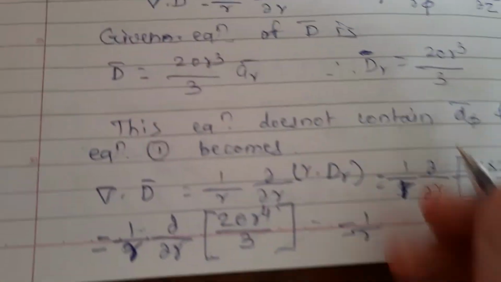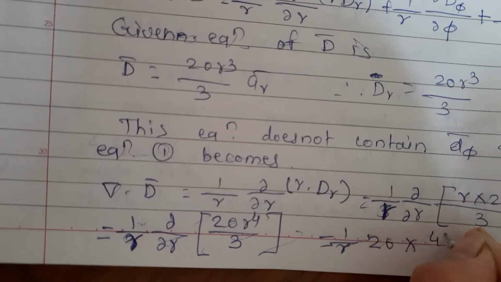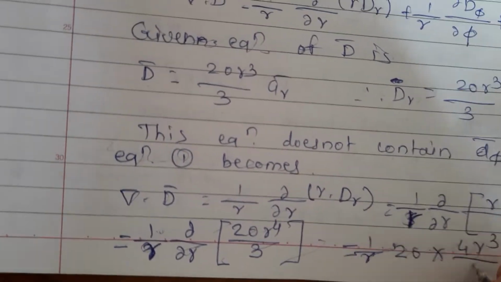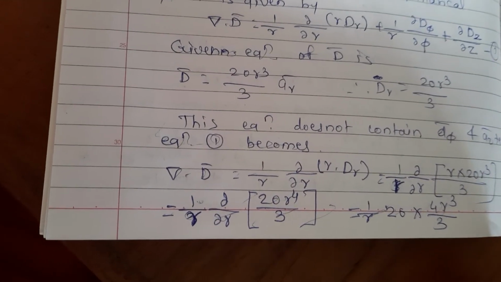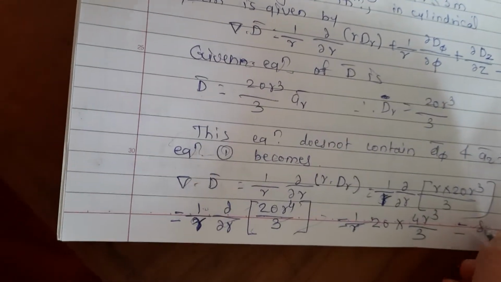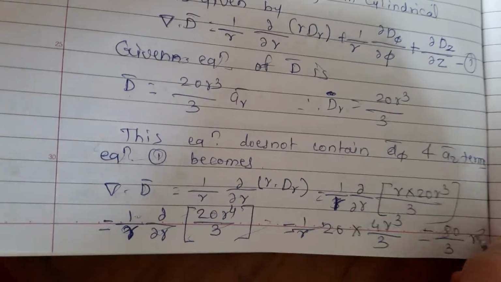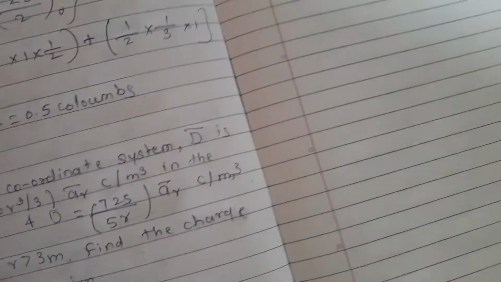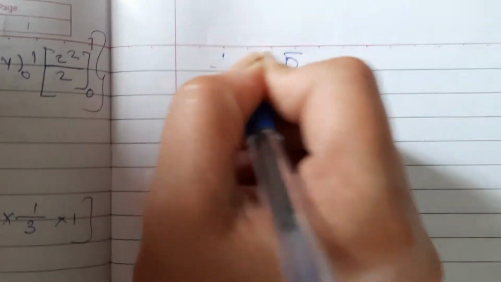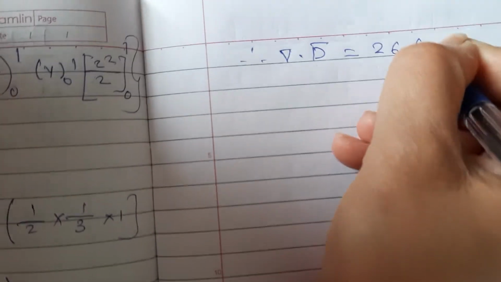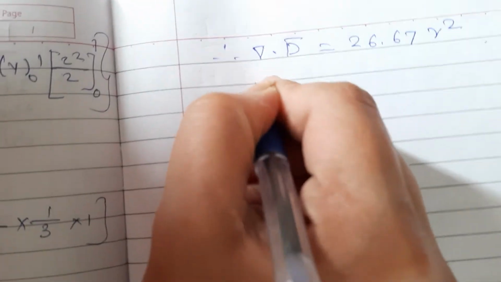So that is equal to 1 by r into 20 into 4 r cube by 3. That is 80 divided by 3 r square. So del dot D bar, by solving, we get 26.67 r square.